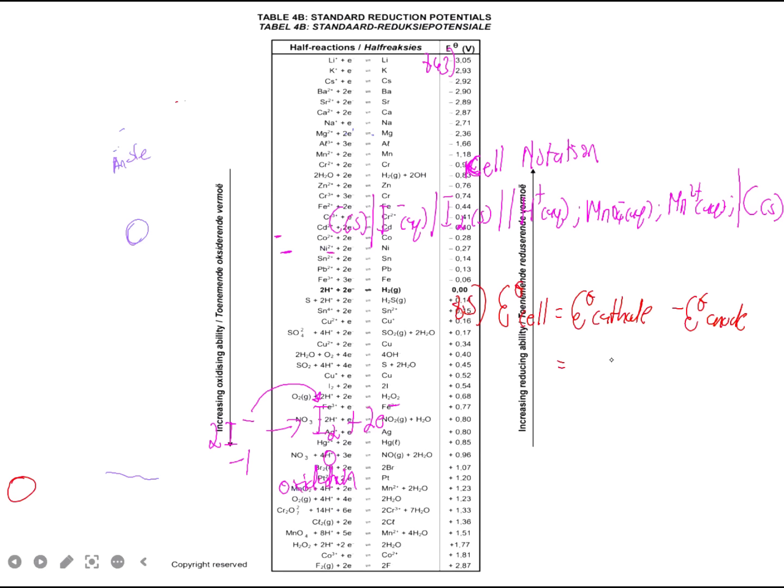That's positive 1.51. And then minus, we have identified the one with iodine is 0.54, right? Then when we subtract the 2 there, this gives us 0.97 volts. So that's your E cell, right? So just like that, you have your 4 marks.